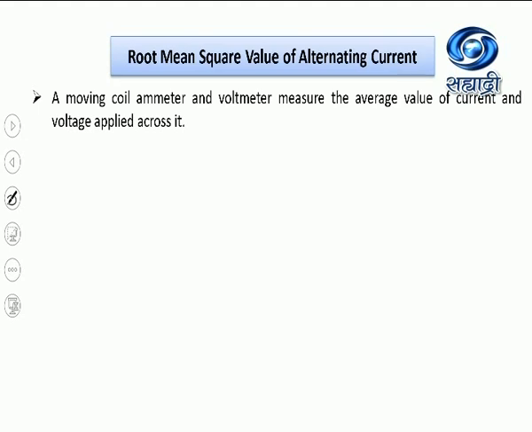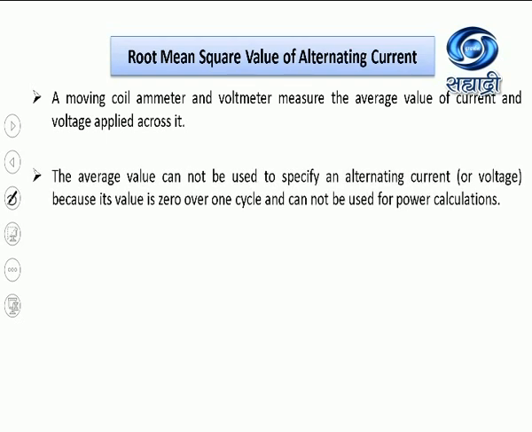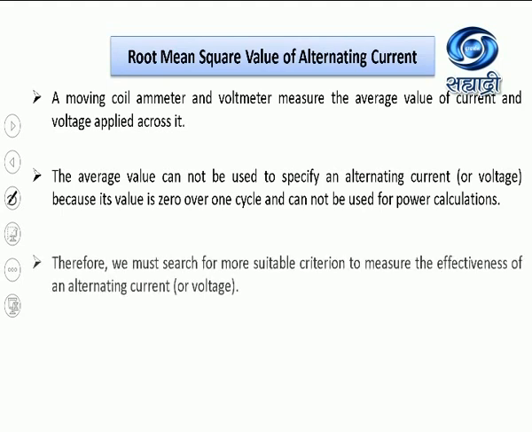So as said, a moving coil ammeter and voltmeter measure the average value of current and voltage applied across it. The average value cannot be used to specify an alternating current or voltage because its value is 0 over one cycle, and cannot be used for power calculations.